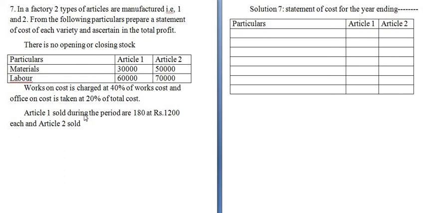Article 1 sold during the period are 180 at rupees 1200, and article 2 sold are 200 at rupees 1500 each.